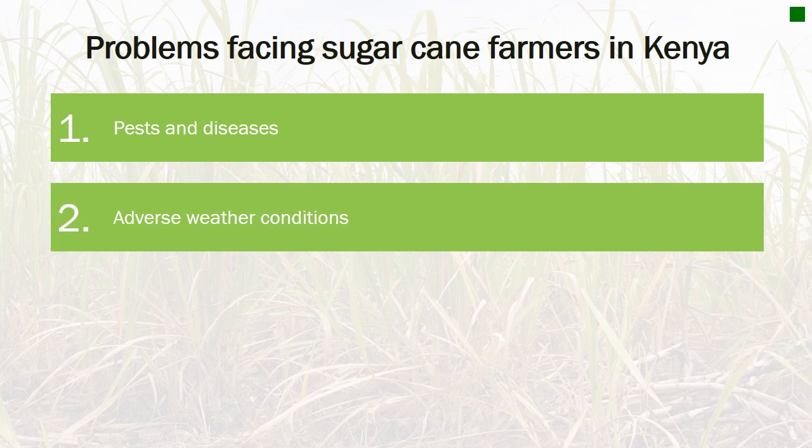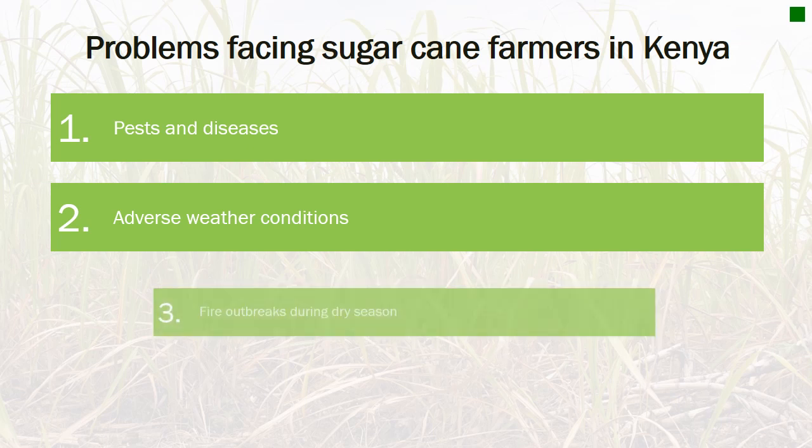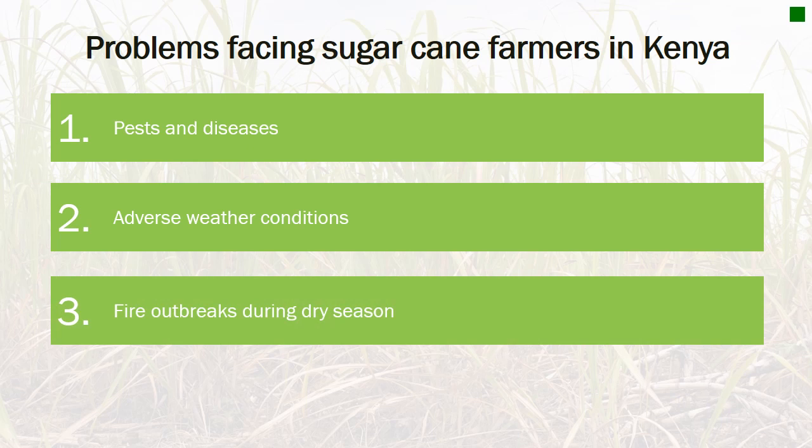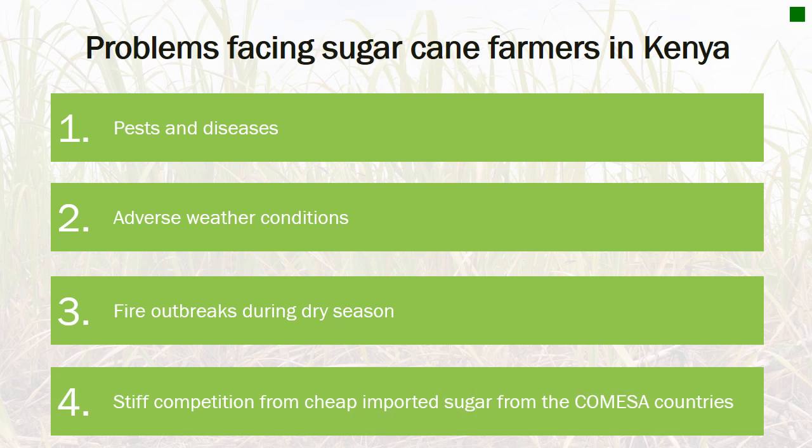We have adverse weather conditions such as excessive rainfall, prolonged drought that lower the quantity of the yield. 3 is fire outbreaks during dry seasons that destroy large acreage of cane. 4 is stiff competition from cheap imported sugar from the COMESA countries, and this normally leads to marginal profits realized by the cane farmers.